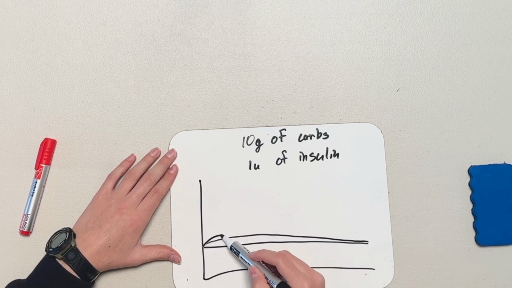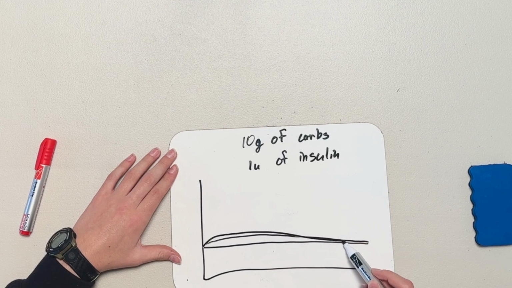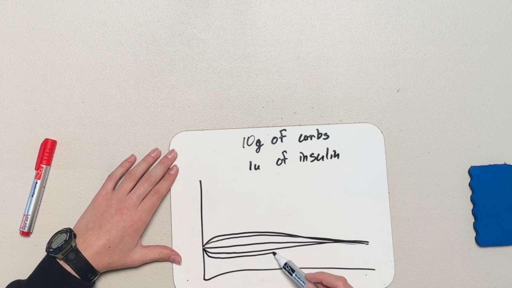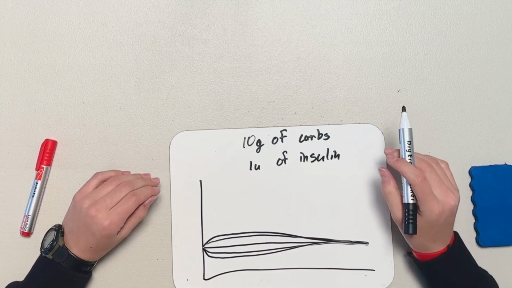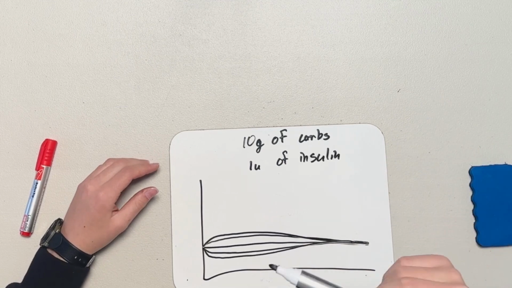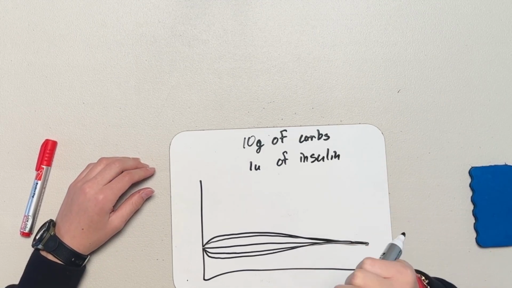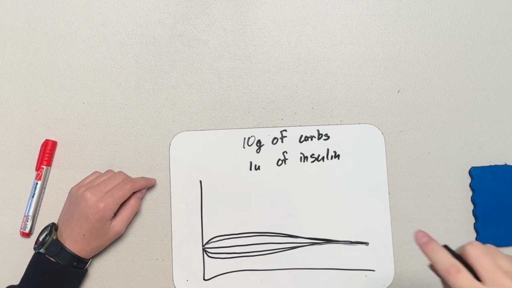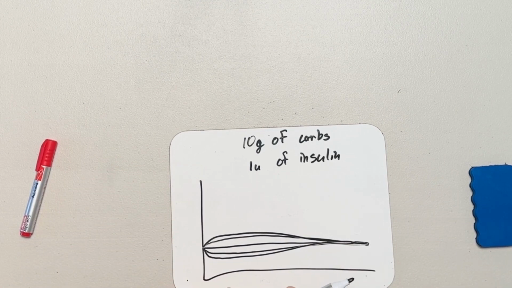This would be 12 grams, that's all the way up 20%. And then if it was 9 grams, it would go down a little bit. Then if it was 8, that's also down 20%. So as you can see, you're not going to go high and you're not going to go low. You might go a little up, you might go a little down, but it's not going to be a massive spike or a massive drop, which is fundamentally why low carb works so incredibly well.